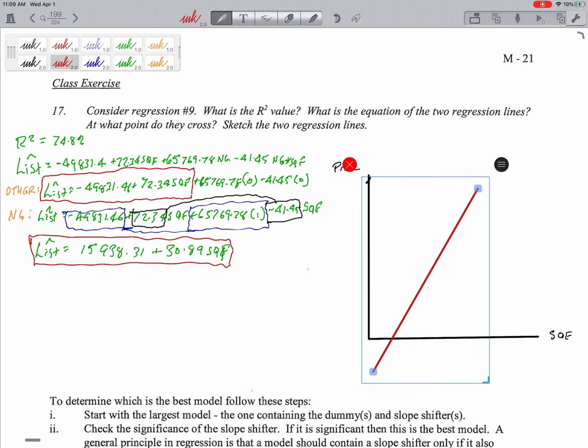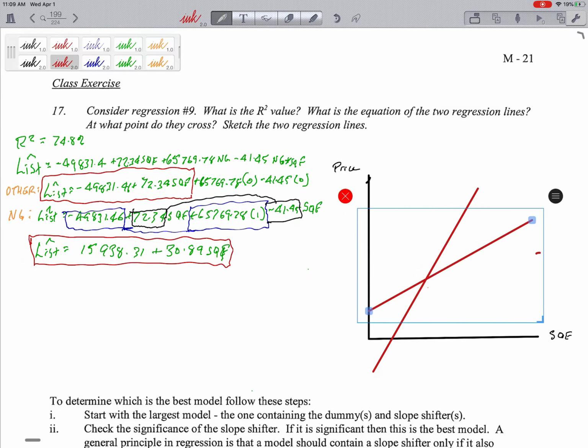And then we're going to have another one, with an intercept of about 15,000, 16,000, and a lesser slope. This second one is your NG line, natural gas. And this is your other.